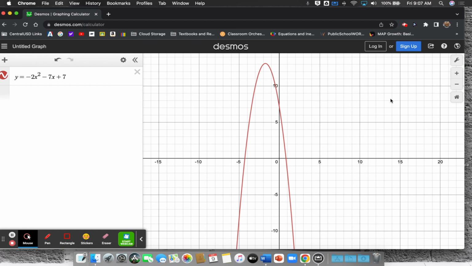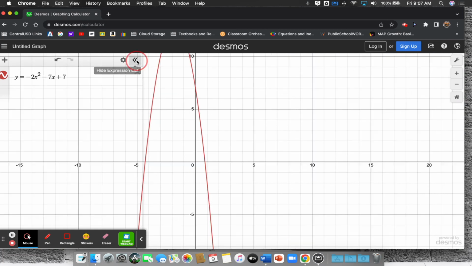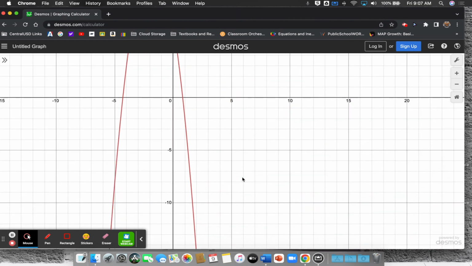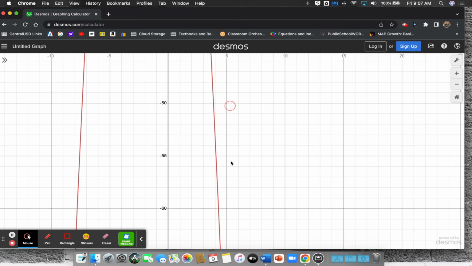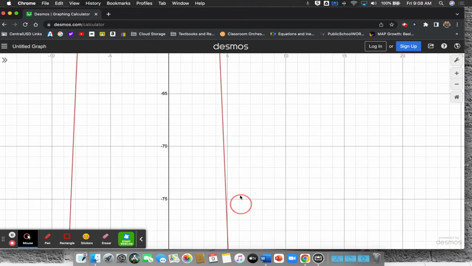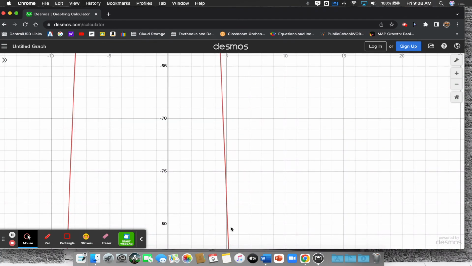It's a parabola because it's a quadratic. So where was our value at? Where was x equals what? 5, right? So 5 is right here, right about there.